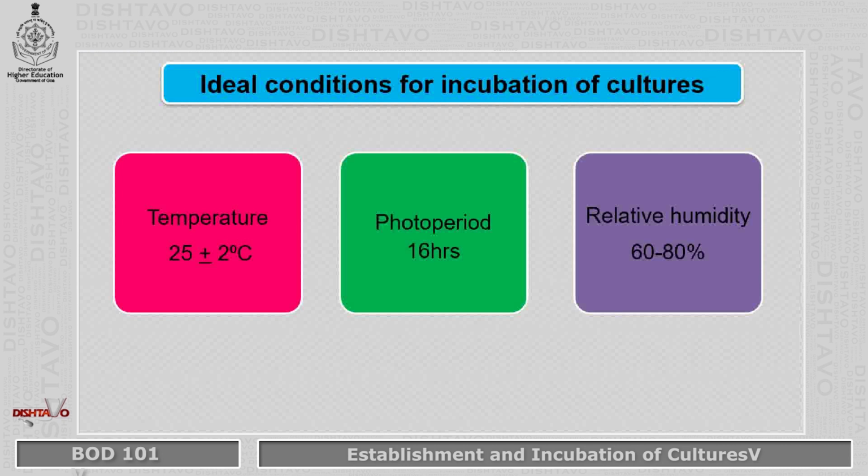Normally, 16 hours of photo period is given to the explant. And the last is the relative humidity, that is around 60 to 80%. Now this relative humidity is maintained within the culture vessel because in the nutrient medium there is water that is present.